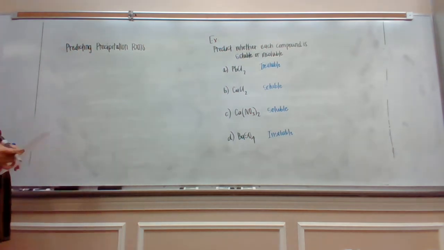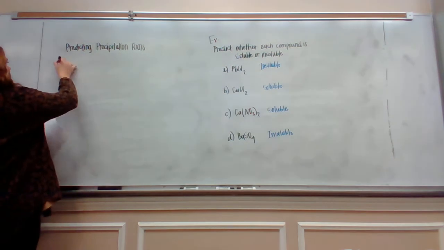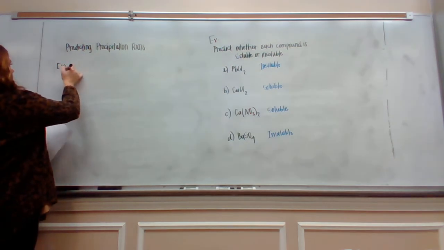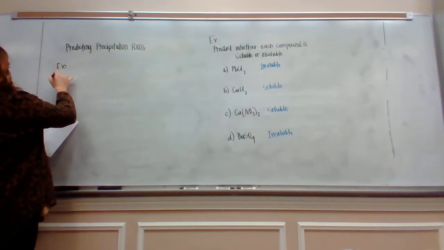It's important because it's going to help us predict the products of precipitation reactions. So an example of a precipitation reaction would look like this.